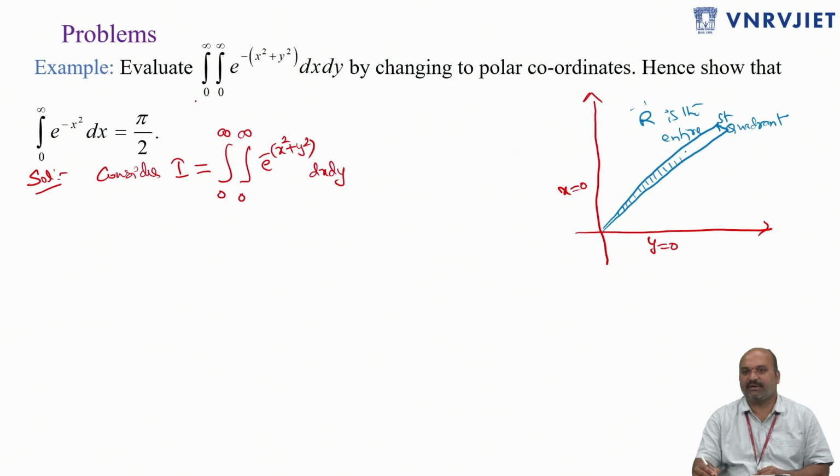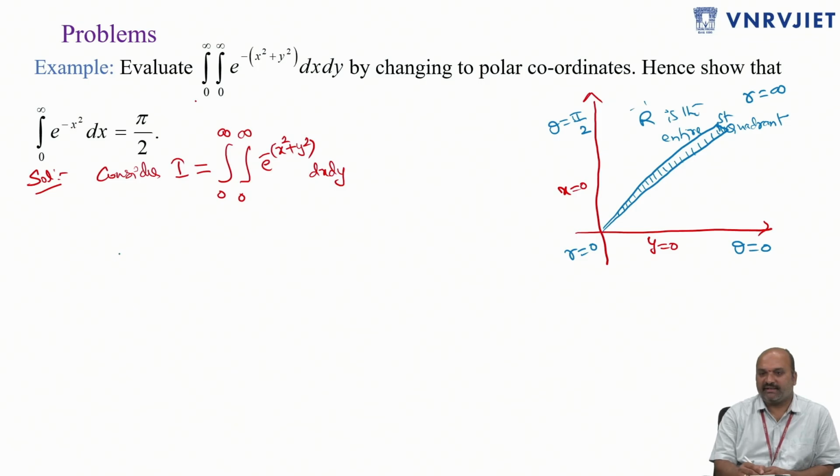The strip has one end at the origin, which is the pole, at a distance of 0 units from the pole, so r equals 0. The other end of the wedge strip moves out to infinity, since it covers the entire first quadrant with no limit, so r equals infinity. To cover this region, the strip has to move from the initial line theta equals 0 to theta equals pi by 2.